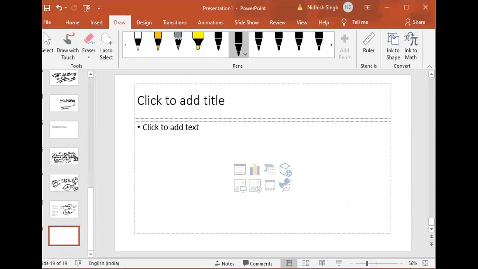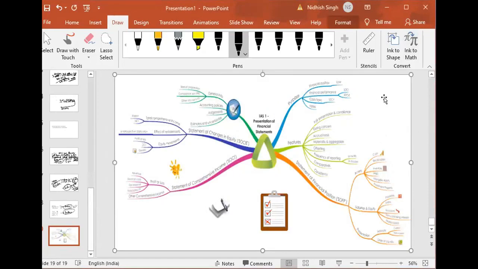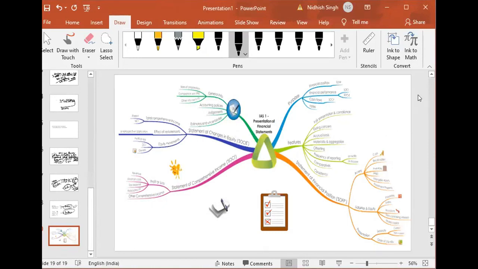I also promised to talk about the memory map. Okay, so this is the memory map I was referring to. This kind of memory map is important to understand and grasp the entire IFRS or one accounting standard at a time. Since we have 40 to 50 different accounting standards that we often need to learn for any diploma or certificate program, we need to get accustomed to using this kind of memory map or prepare one for ourselves.